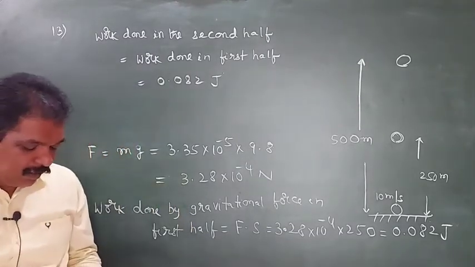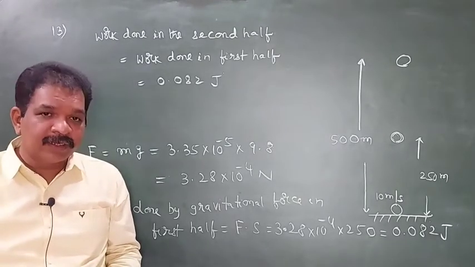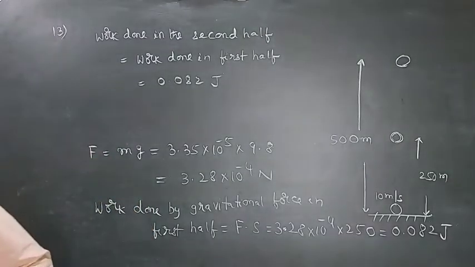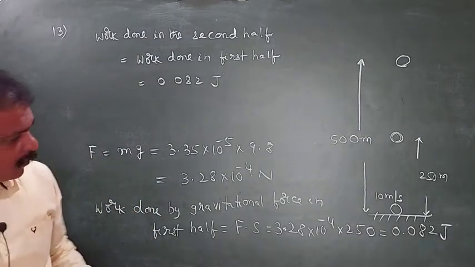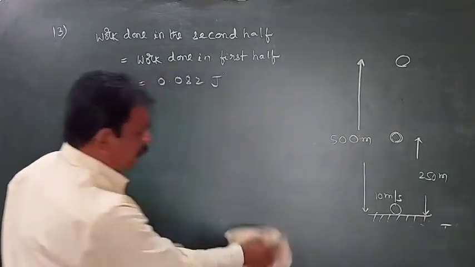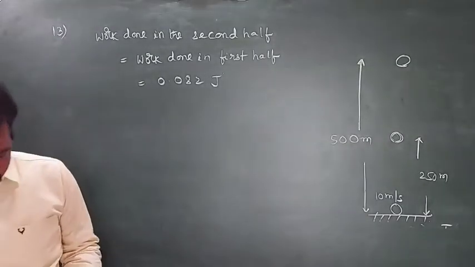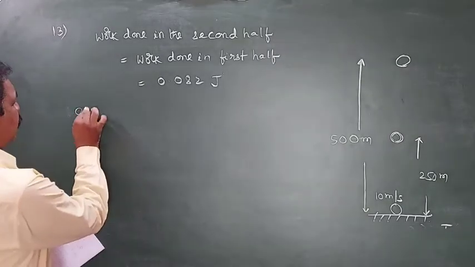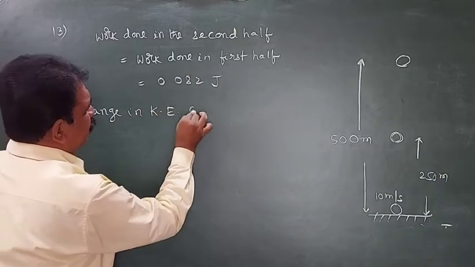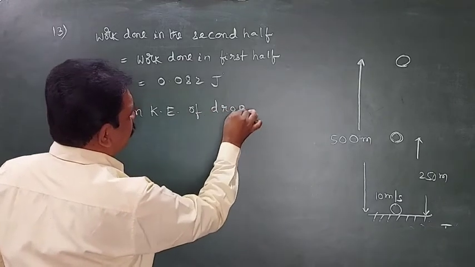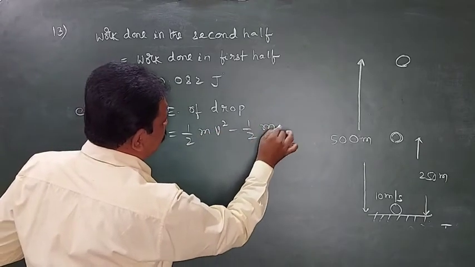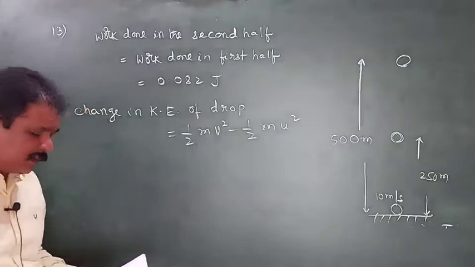We calculated that. What is the work done by the resistive force? For that we will calculate its change in KE. Change in KE of the drop is equal to half mv square minus half mu square.